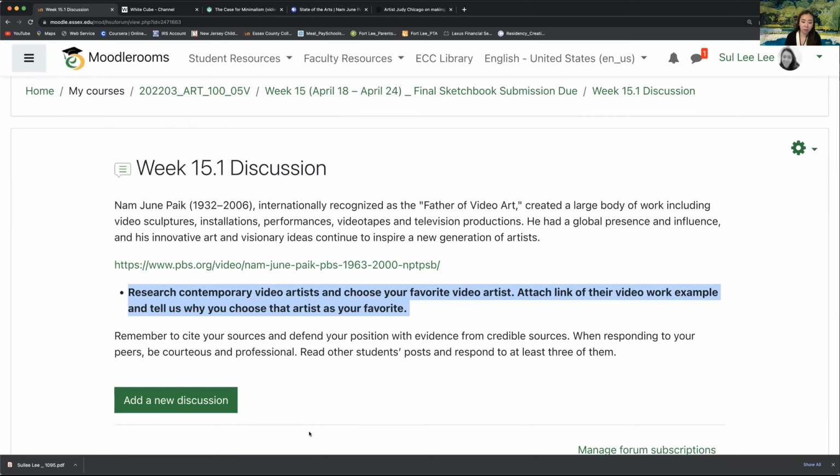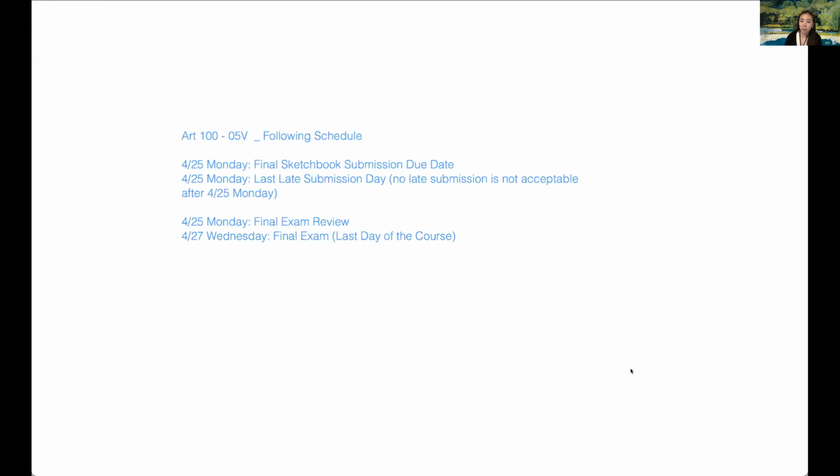And let me just share the schedule again. Everyone, I posted your grades, most of them. So please check your grade, and if you miss anything, please do any missing activities as soon as possible.